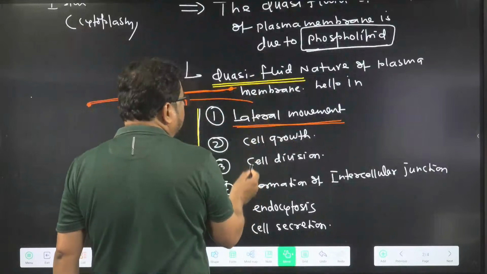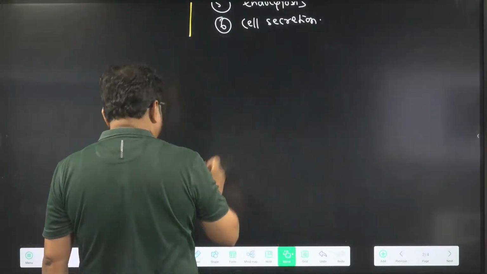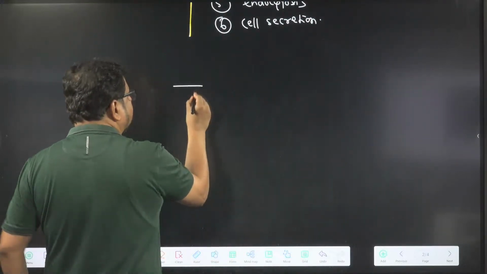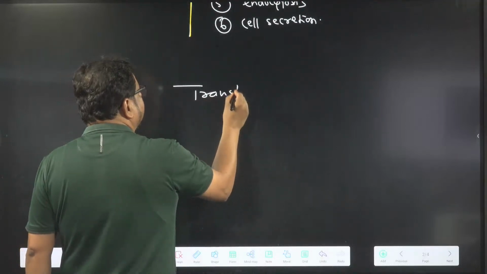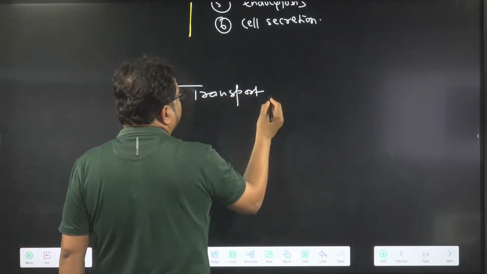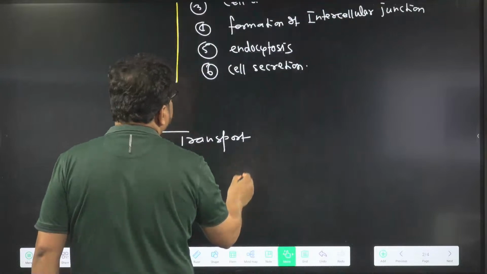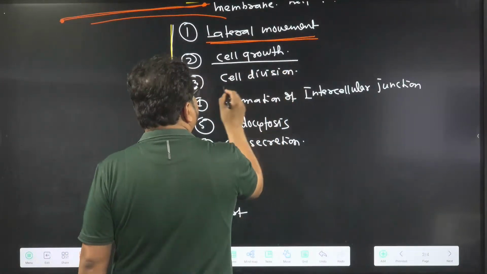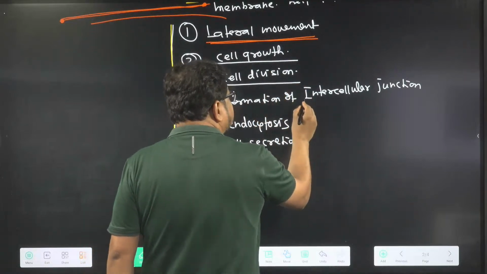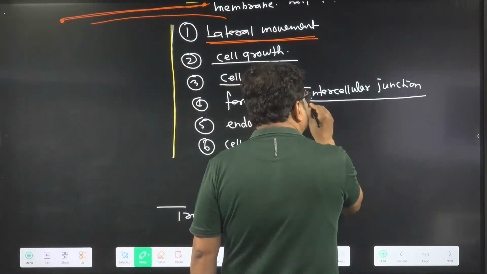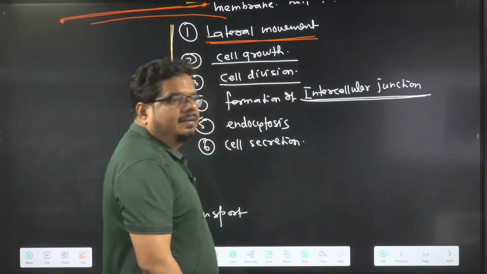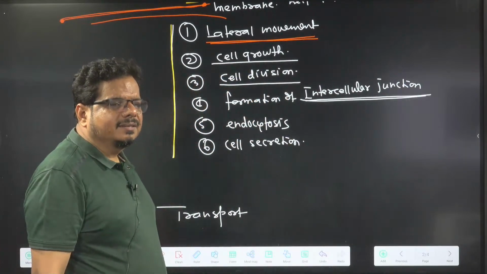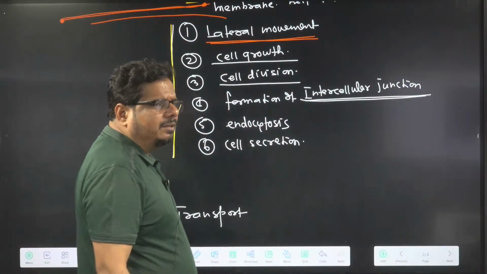Now I am going to tell you about transport across the plasma membrane. So you know about these things? Cell growth occurs, cell division occurs, formation of intercellular junctions. Anurag sir will teach you gap junction and tight junction in anatomy, tissue.